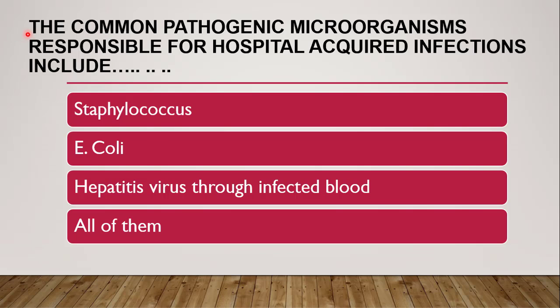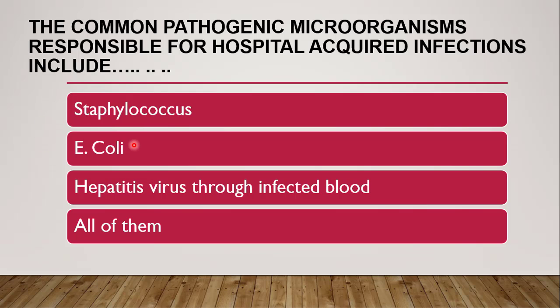Next question is, the common pathogenic microorganisms responsible for hospital acquired infections include. Since we just saw there are many possible sources for acquiring hospital acquired infections, the pathogens responsible include staphylococcus, E. coli, then other bacteria such as streptococcus species, Corynebacterium diphtheriae, Clostridium tetani.